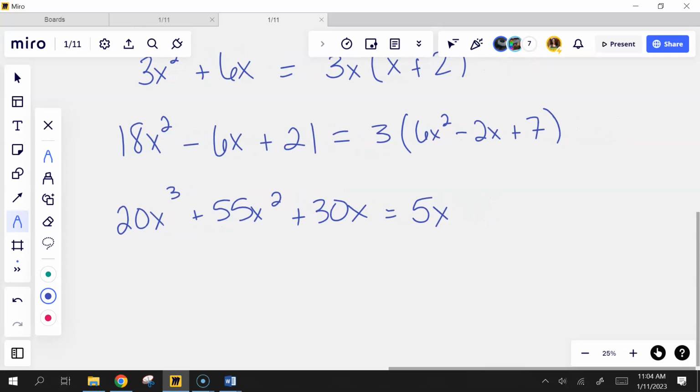If distributing is multiplying, then undistributing is dividing. So all we're doing is dividing each one by the GCF and telling what's left. You took an x out of everybody.